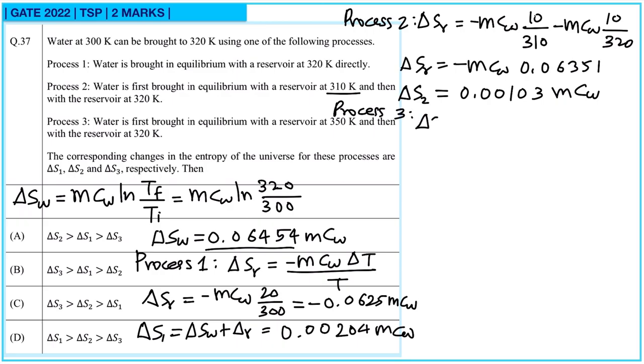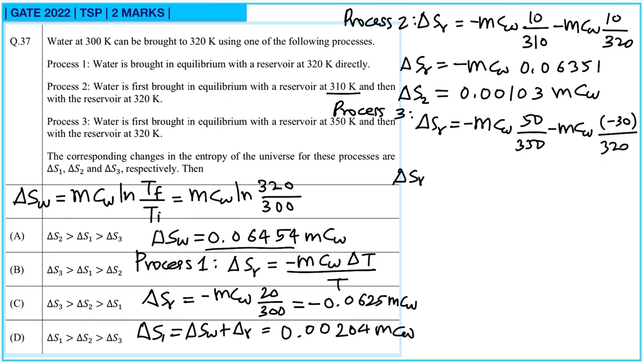Next we have process 3. For process 3, delta Sr is equal to minus Cw. First it is taken to 350, so that will be 50 upon 350. Then it is taken from 350 to 320, so the difference is minus 30, upon 320, and effectively it will be added.